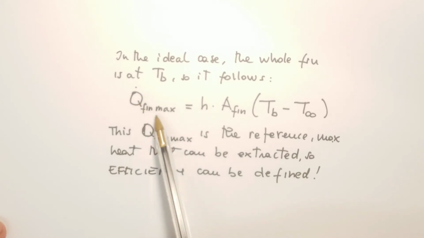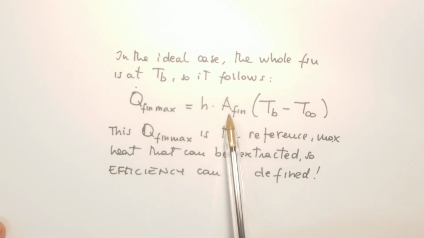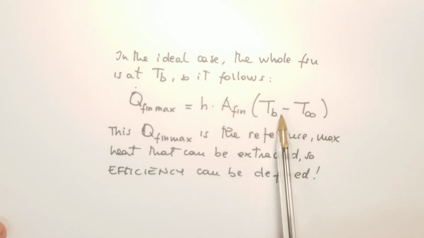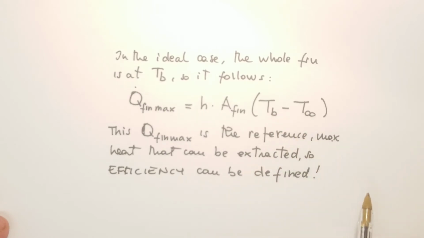That would be Q fin maximum. That's h times the area of the fin times the difference between the temperature of the base and the temperature T infinity. So this Q fin max is the reference maximum heat that can be extracted.